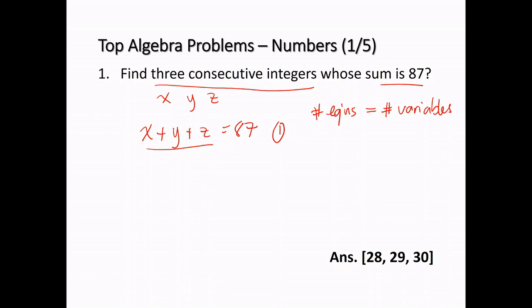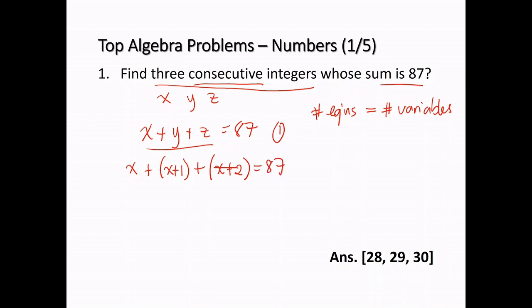First, let's express x, y, z in a single variable. We know the integers are consecutive, so we can express x as x, y as x plus 1 because they're just consecutive, and z as x plus 2, which is equal to 87.